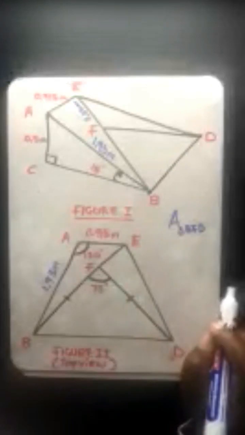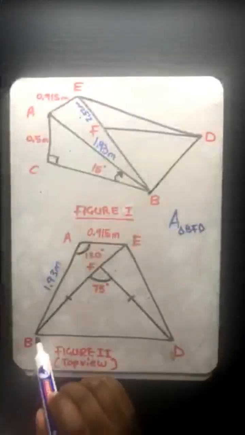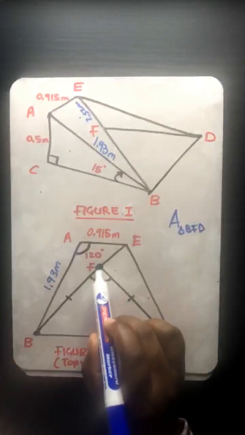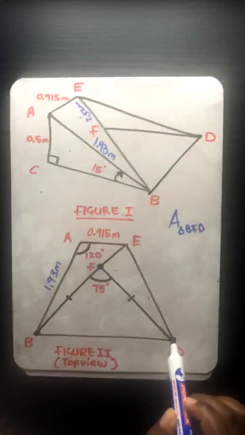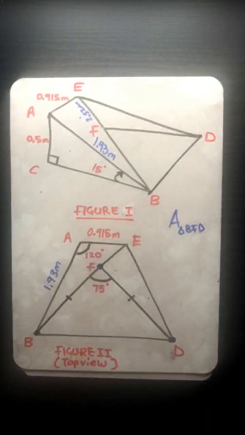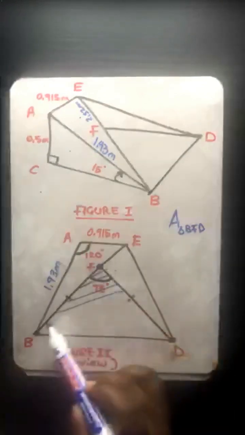Where is B, where is F, where is D? There is B, there is F, there is D. Okay, now I see. So that means they actually want the area of that triangle.